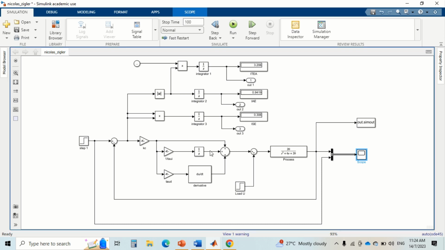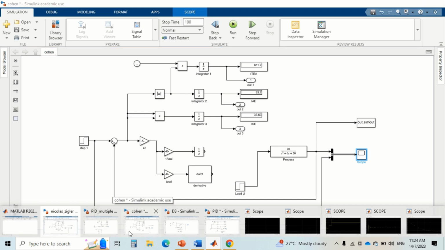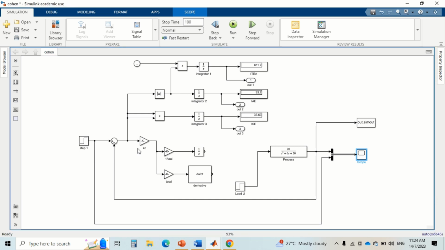And for the Cohen-Kuhn method, I also have set the Kc, the 1 over tau I and tau D to get the scope.